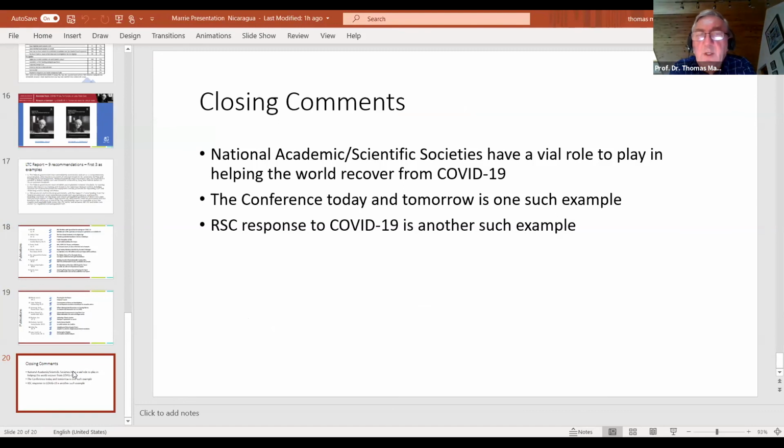And as mentioned, the conference today is one just such example, and the Royal Society response to COVID-19 is another such example. I want to thank you for inviting me to present on behalf of the Royal Society of Canada and all the colleagues that I have, now numbering 150 who are involved in working on COVID-19. So I look forward to the rest of the conference and especially to the discussion. Thank you.